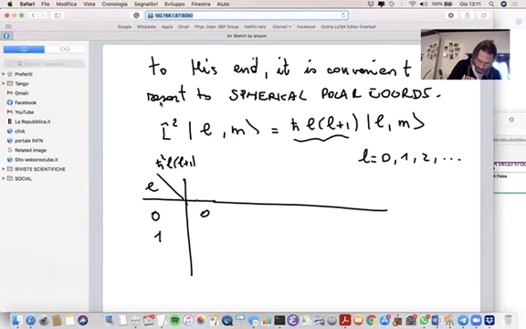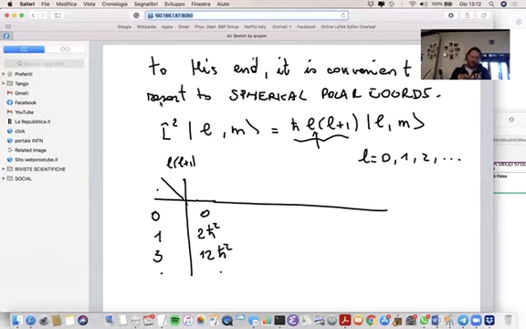When L is 1, I get 1 plus 1 is 2, so 2 h bar squared. For L equal 3, 3 plus 1 is 4, 3 times 4 is 12 h bar squared, and so on and so forth. It's almost like when L becomes very large, the eigenvalues become just L squared, but for small values, they're different from L squared.